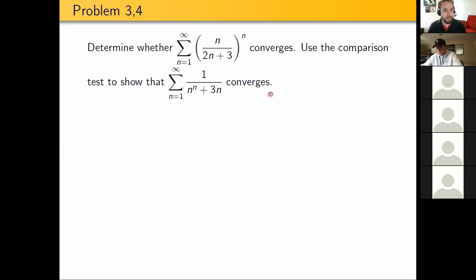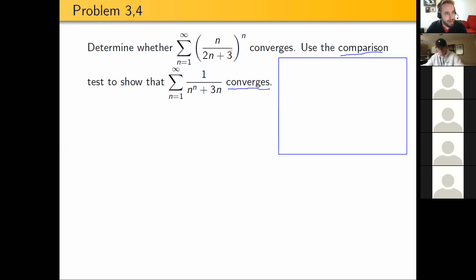So as a reminder, the comparison test, hang on, let me pull up my pen here. We're trying to use the comparison test, and we're trying to show that this thing converges. So as a reminder, the comparison test, I'll draw it in this little blue box over here. The comparison test suggested that we ultimately wanted to compare a series of a sub n to a series involving b sub n.